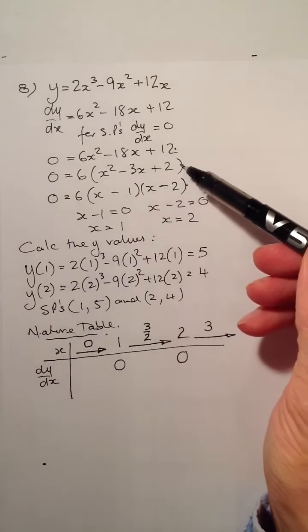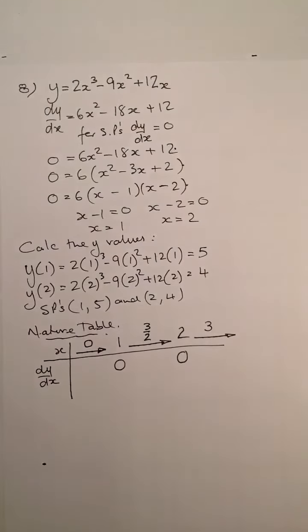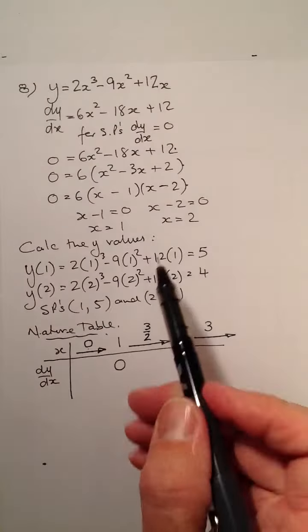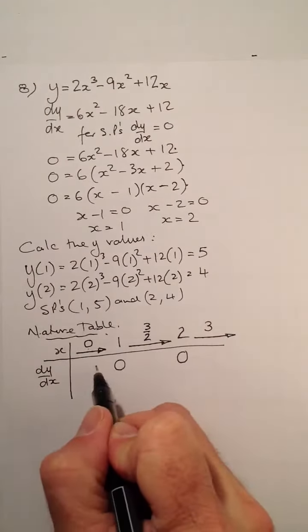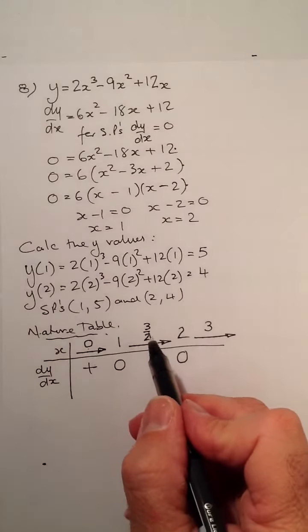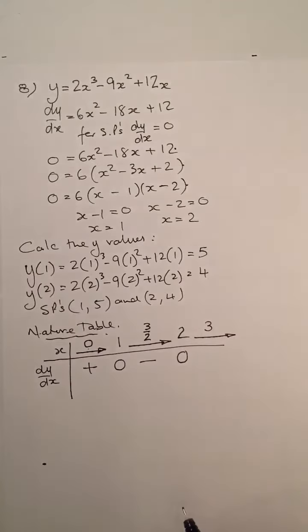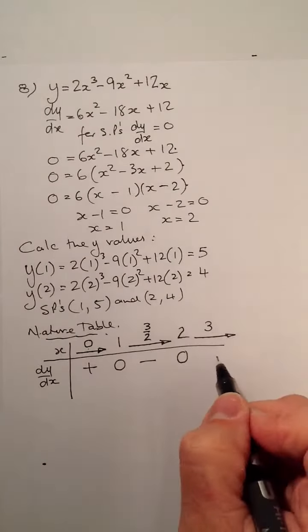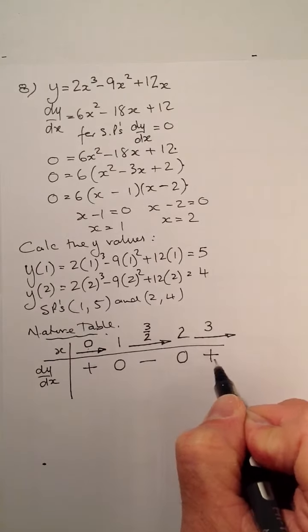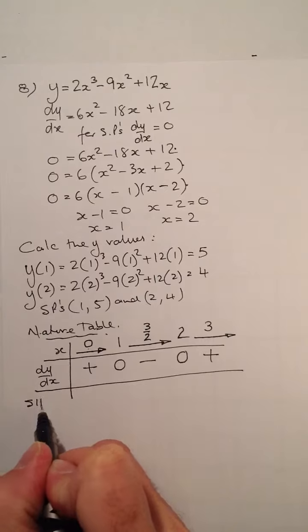So whichever one I find the easiest to substitute my numbers into, I'm interested to find out whether it's a positive or negative value for the gradient. So substituting 0 in, I should get a positive value. Substituting 3 over 2 or 1.5, I should get a negative value, and substituting 3 in, I should get a positive value.